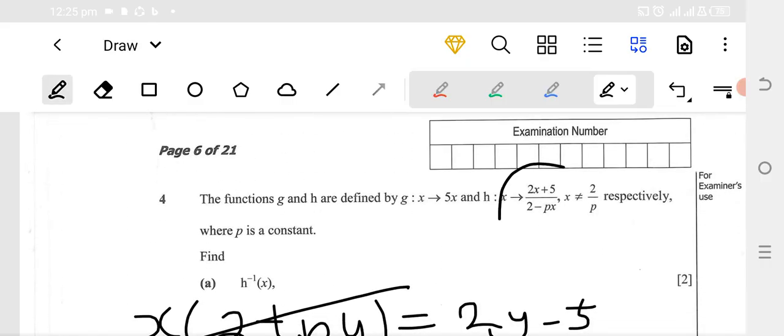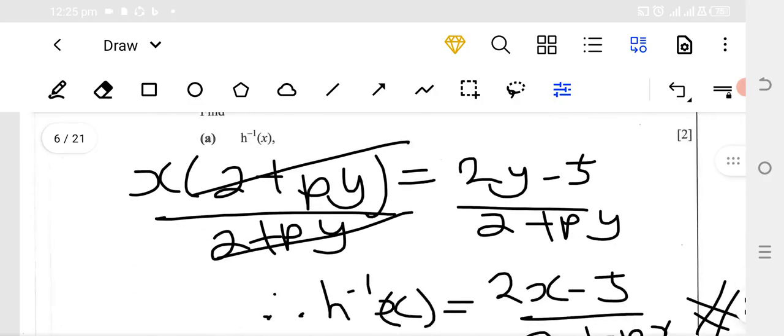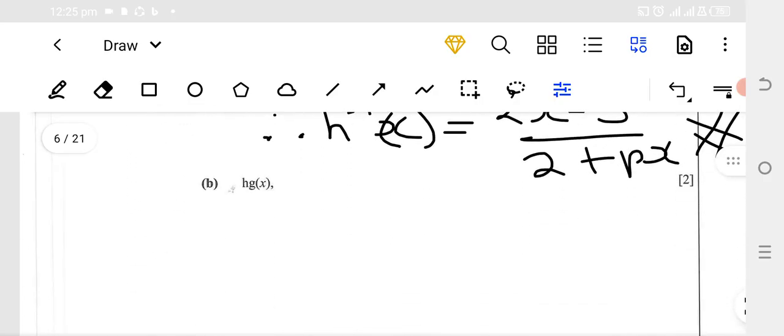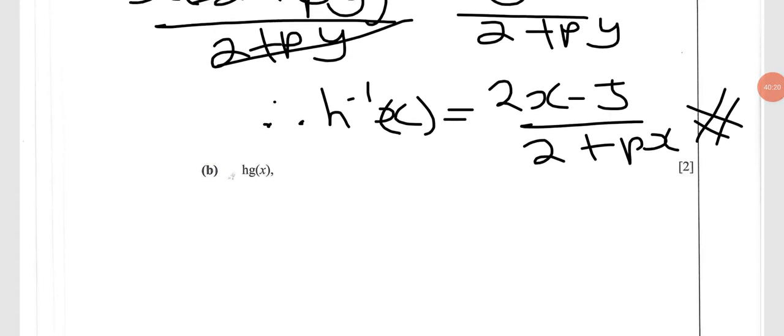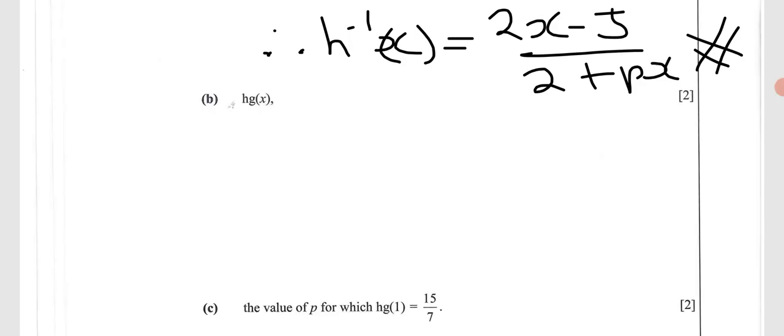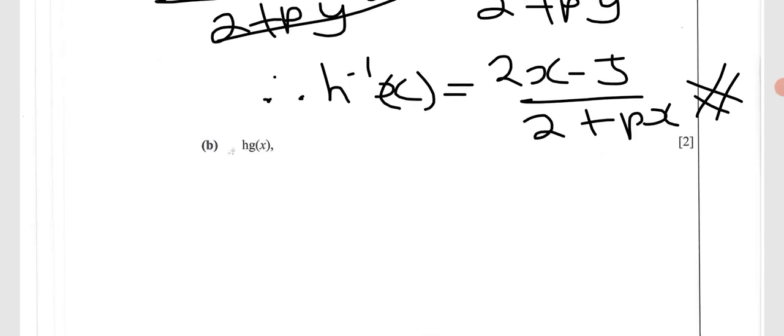The only thing that has changed are the signs here when you find the inverse function. And then there's a second question there. Okay. To continue, we are now finding h of g of x. It's also carrying 2 marks.